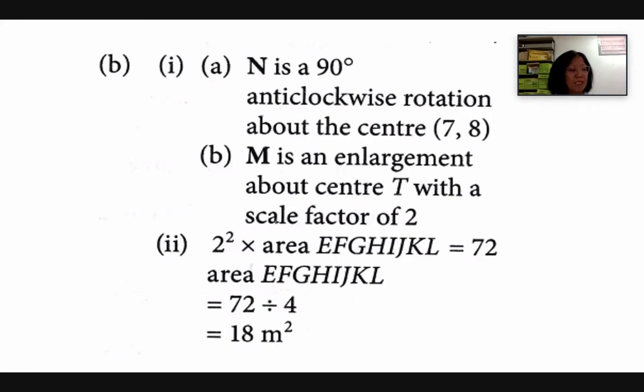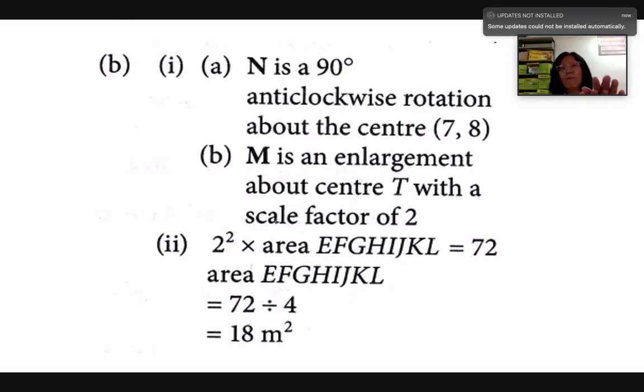Yeah, for this particular question, because you can see from the diagram, the original shape and the enlarged image, shall we say, they are separated. If you were to do or remember all the past year papers, all the model papers that I gave you, most of them, the two objects or the two shapes are, shall we say, overlapping.